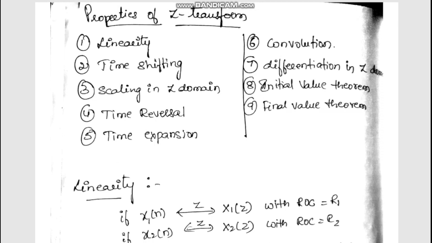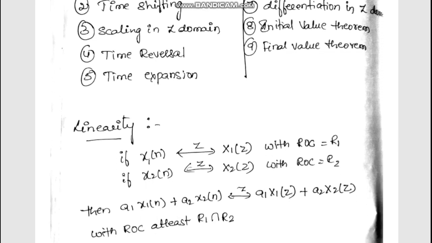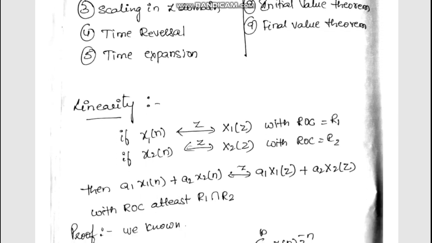So first of all, let us go for the first property, that is called linearity property. What is linearity? A system is said to be linear if it satisfies the principles of superposition. In the last class, we discussed the properties of signals. The similar linearity is also applied in the Z transform.